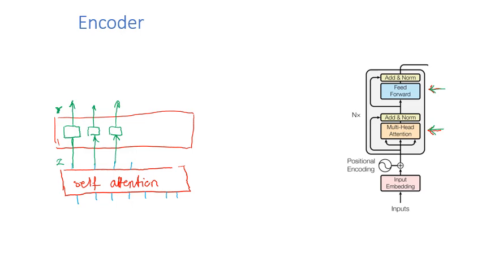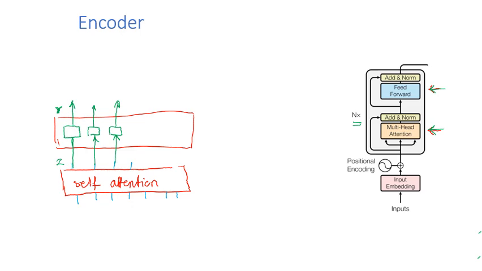Okay, there is this notation here. This basically means that this whole block, which is a self-attention and feed-forward neural network, will be repeated N times. And in the implementation of the transformer, this N is 6. So these are hyperparameters of the model. There is no magic about the number 6.